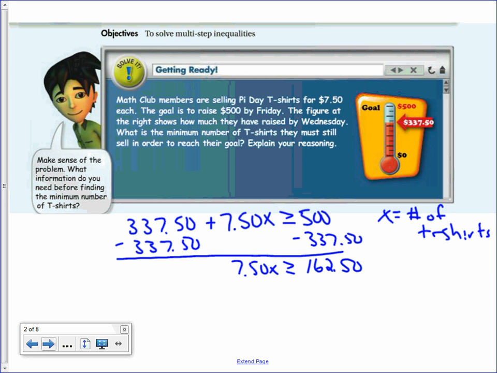If I divide that by how much each of these t-shirts costs, which is $7.50, I get x is greater than or equal to 21.6 repeating. So how many t-shirts am I going to have to sell? If I sold 21, I wouldn't quite make enough, so x has to be greater than or equal to 22 t-shirts.